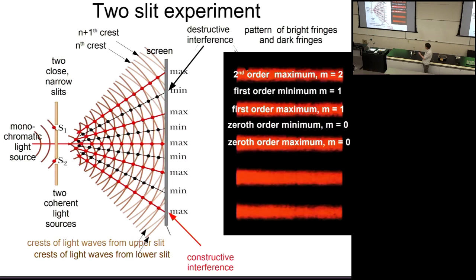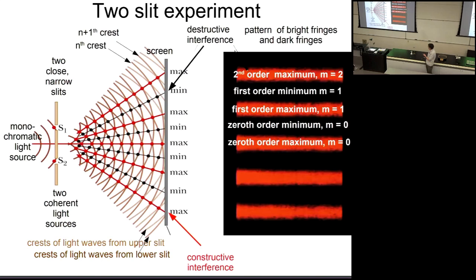So the red dots are where crest meets crest, trough meets trough, and you get constructive interference. The black dots are where you get destructive interference, where trough meets crest and crest meets trough. And so you see this pattern of red lines and black lines, red dots and black dots, that are indicating the regions of constructive and destructive interference.